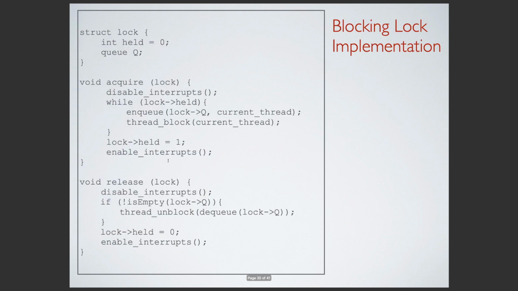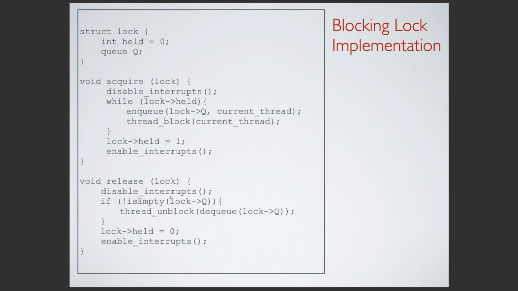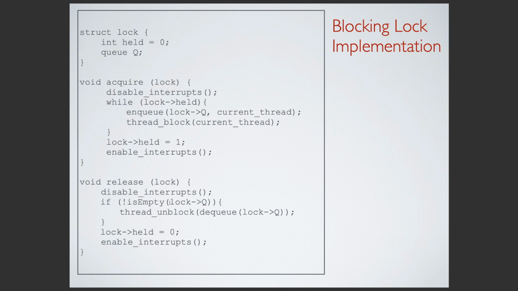And same thing here with release, right? When you release, you disable the interrupt, you check the queue. If there is somebody in the queue, you're going to unblock the next available thread.